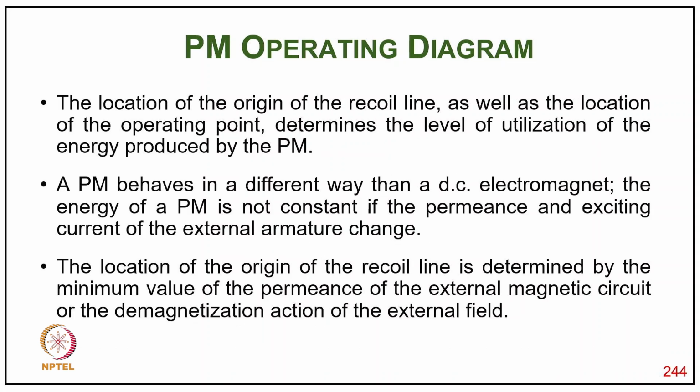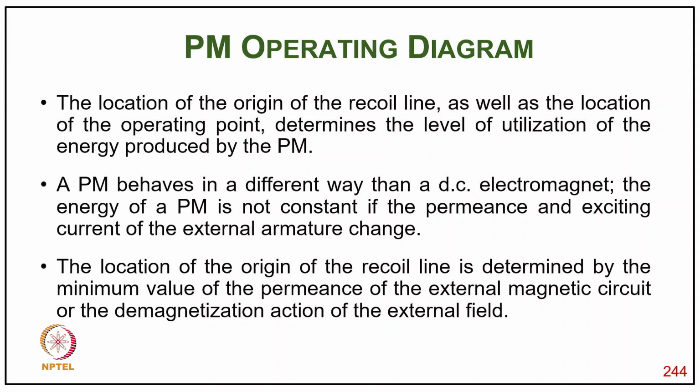So, in the PM operating diagram, the location of the origin of the recoil line as well as the location of the operating point determines the level of utilization of energy produced by the PM, and the PM behaves in a different way than a DC electromagnet.